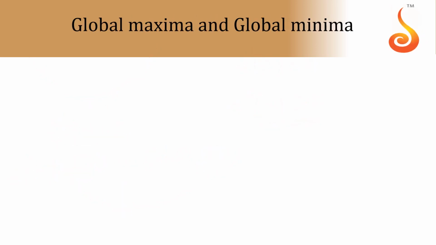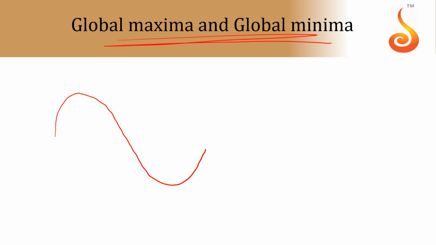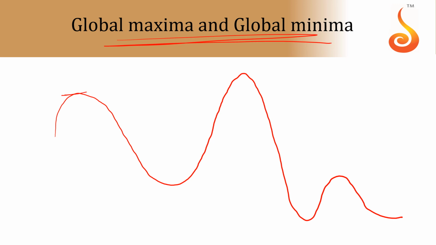So, global maxima and global minima. When I said local minima, local maxima, for a function, suppose I have a function like this. These are the different places where the function has local minima and local maxima.